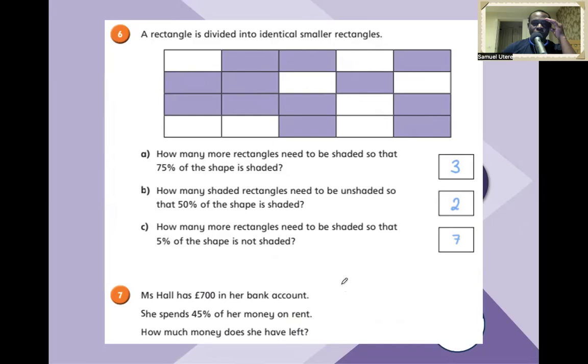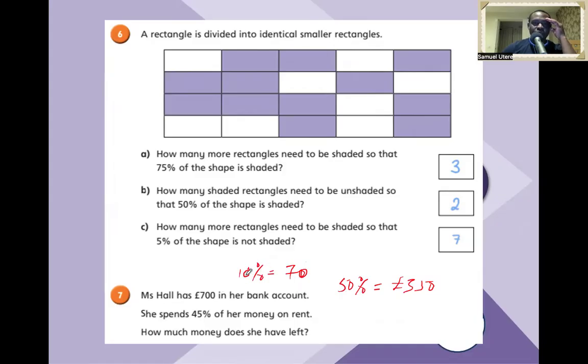So we know 50% of 700 is 350 pounds. Why? Because we know 50% is just to halve something. So 50% is 350 pounds. We know 10% is to divide by 10. So 700 divided by 10 is 70. So 10% is 70.